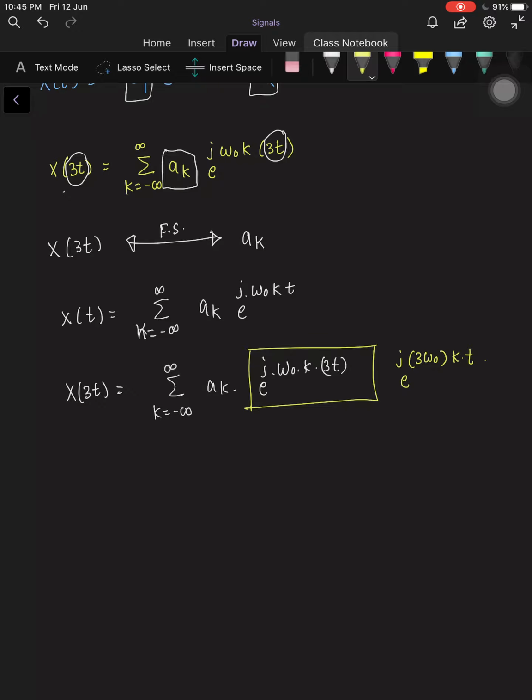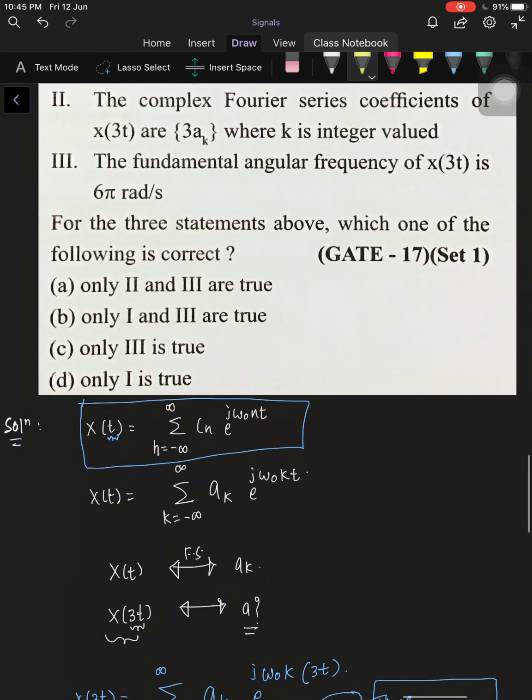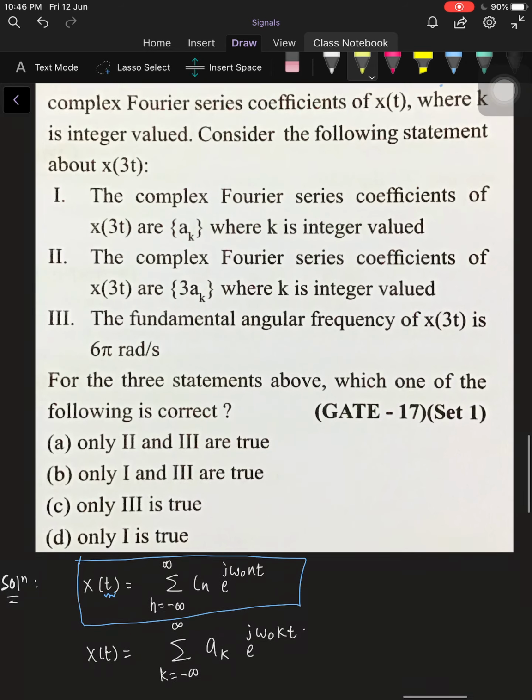If we compare this with our normal equation x of t, let us represent this as omega dash, because they are asking us the fundamental angular frequency of x of 3t.